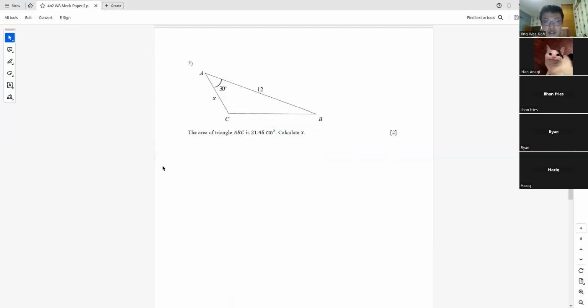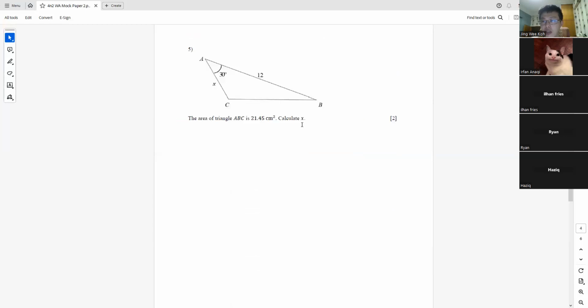Okay, question 5. The area is this, calculate x. So now you have a triangle that's non-90 degrees. So to find area, we write down our area formula first. Area equals half ab sine C. Next, we put in all the things that we know. Area is 21.45. A, you can let it be x. B will be 12.